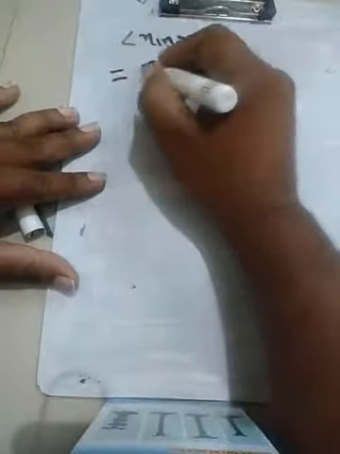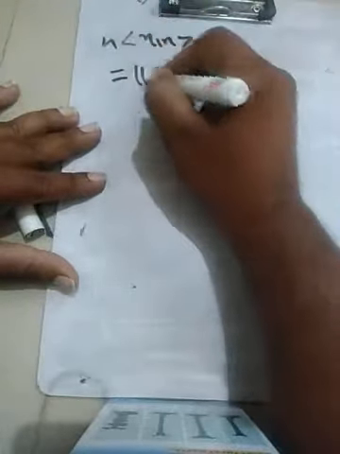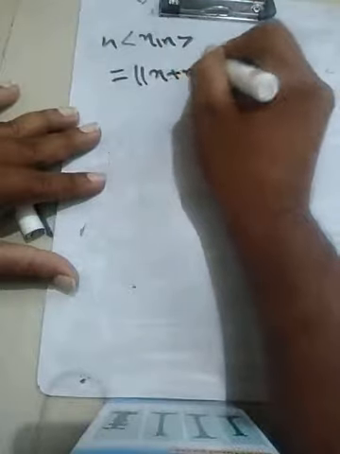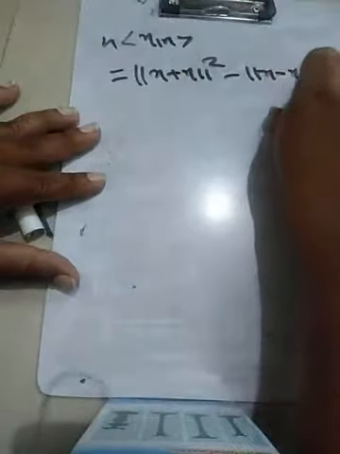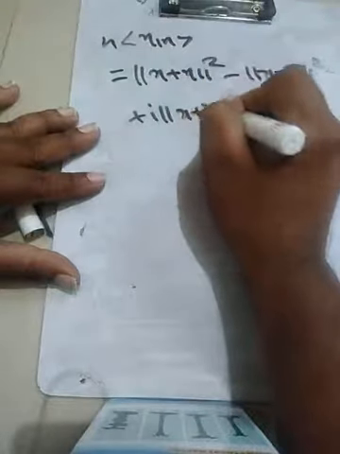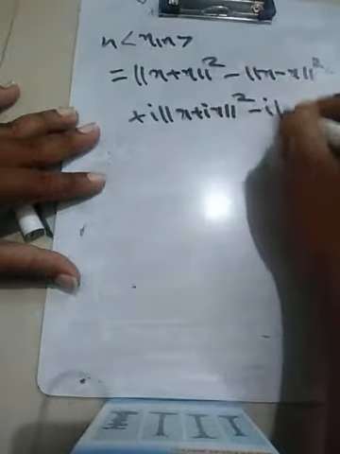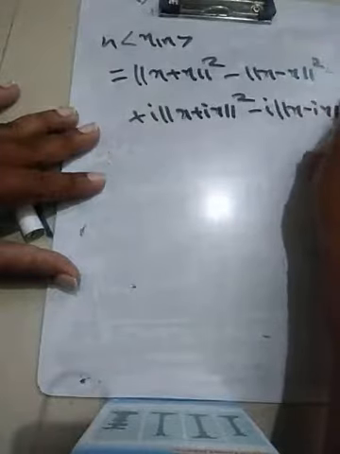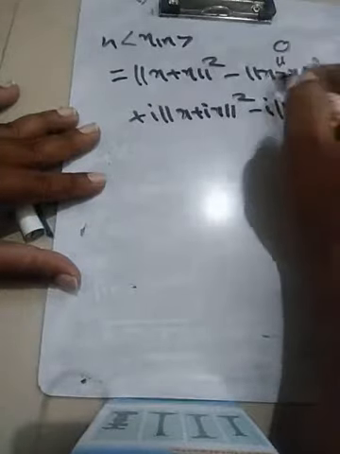And x with x is easy to check. Inner product of x with x would be nothing but 4 times norm of x plus x whole square minus norm of x minus x whole square plus i times norm of x plus ix whole square, minus norm of x minus ix whole square. This is clearly 0. Norm of 0 square is 0.